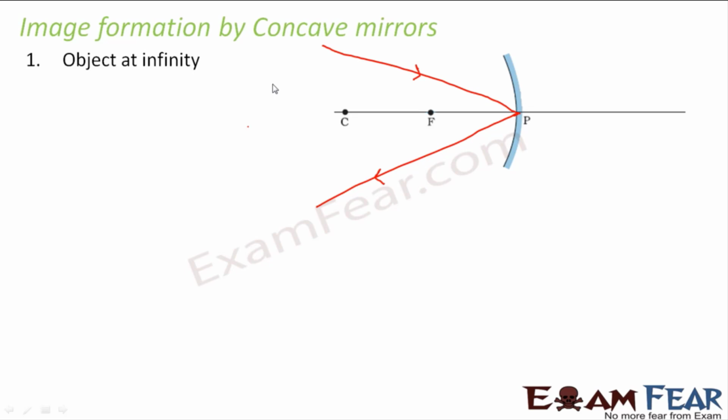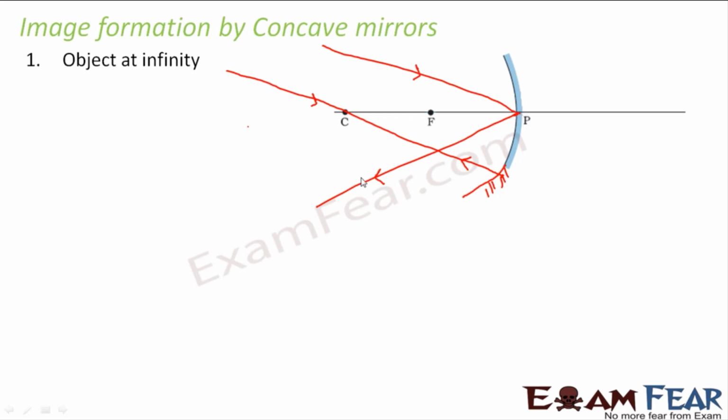Now let us suppose there is another ray which is coming from the object such that it passes through the center of curvature. So this ray will meet the mirror somewhere here. Let us suppose this is my mirror. So after reflection, what will happen? It will go back along the same path, right? Now, what do we know? Where is an image formed? It is formed at a point where the reflected rays meet.